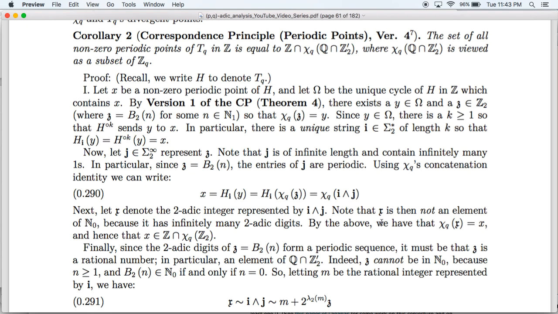So now let J be the infinite string representing Z. Then J is of infinite length and contains infinitely many ones.